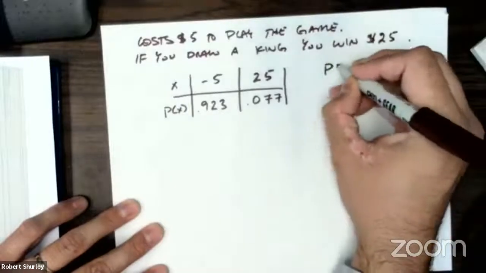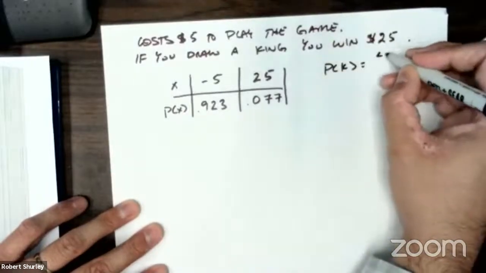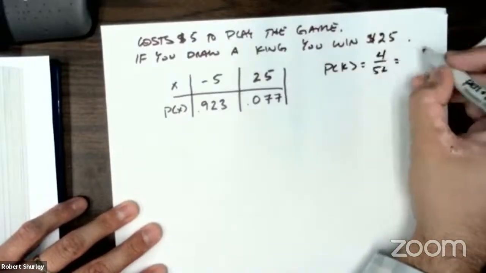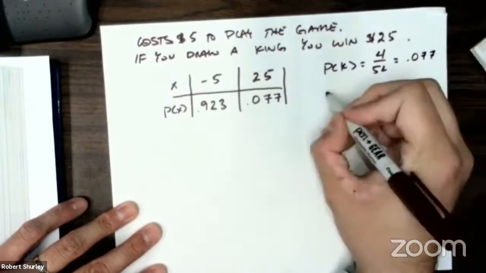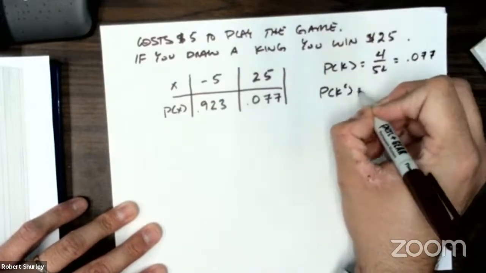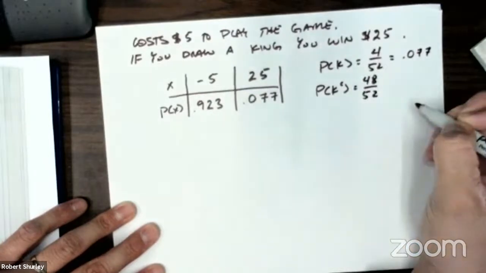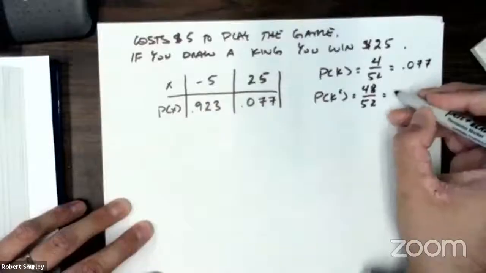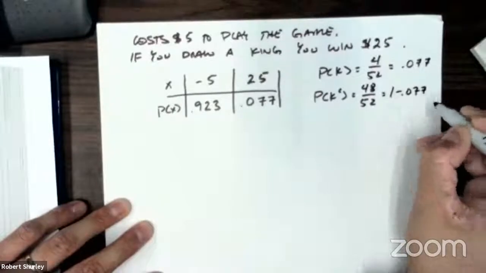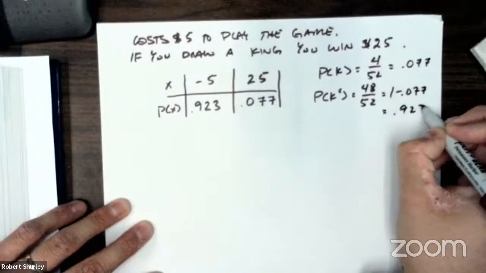The probability of getting a king is 4 out of 52, and the probability of not getting a king would be 48 out of 52, right? Because there's 48 cards that aren't kings, which is just 1 minus 0.077, which winds up being 0.923. You see where that's coming from now?